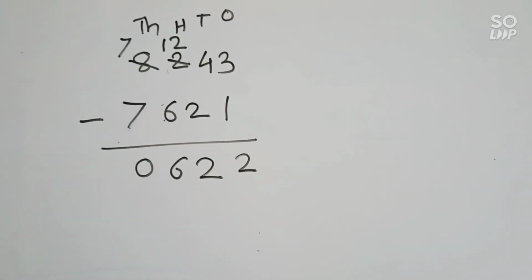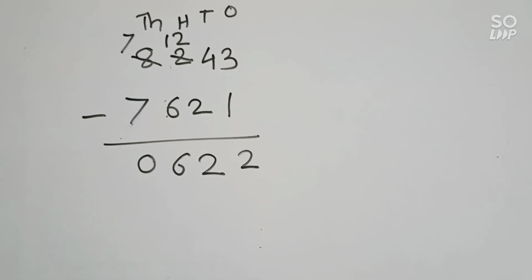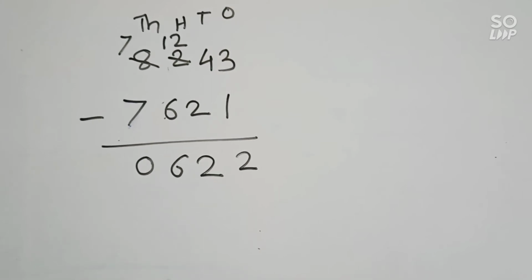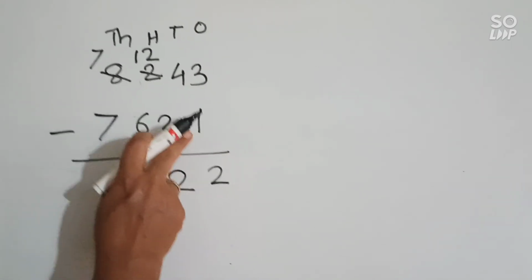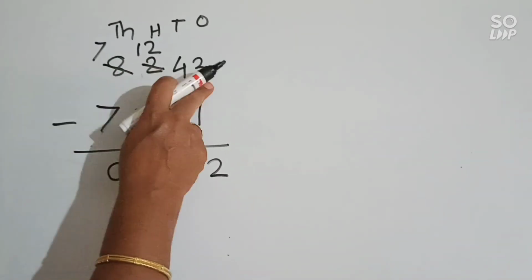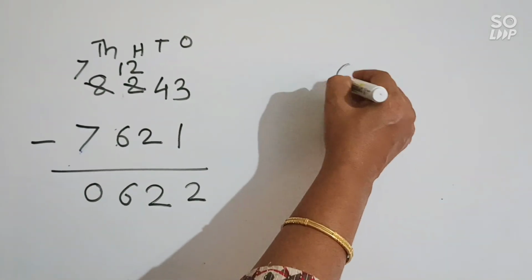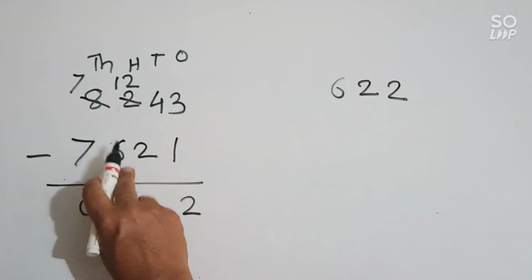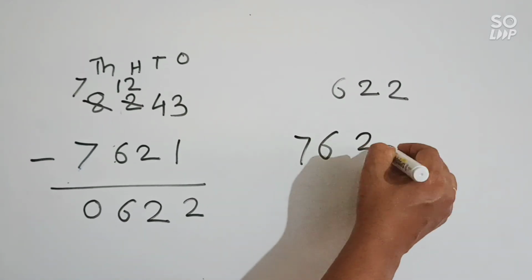Here is the question. What must be added to 7621 to get 8243? Which number added to 7621 gives 8243. And you know children, the difference is 620 plus the subtrahend 7621.